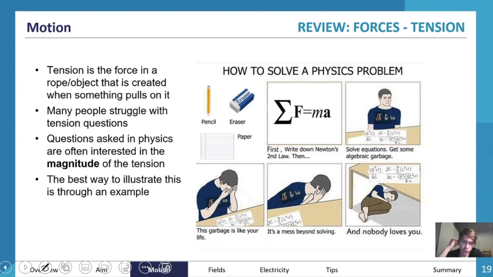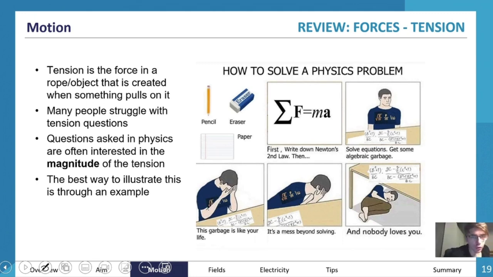And the reason it's a bit of a tricky topic is because tension can be an action-reaction force in and of itself. So tension is the force in a rope or object that is created when something pulls on it.